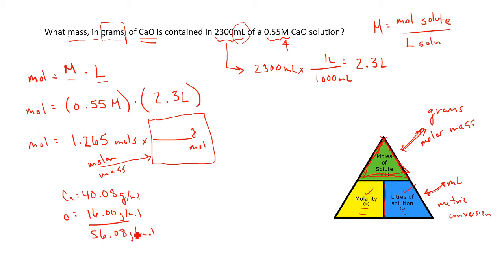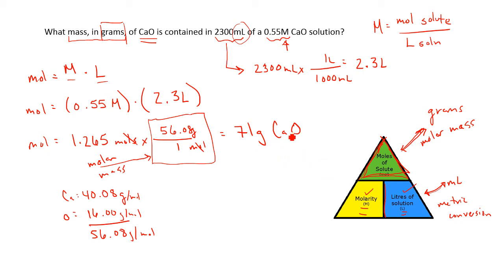So we need that conversion factor. We've got 56.08 up here, 1 mole down there. These units are going to cancel. And we got 70.9. Now I've got 2 sig figs here and 2 sig figs there, so I'll call it 71 grams of calcium oxide are going to be needed.